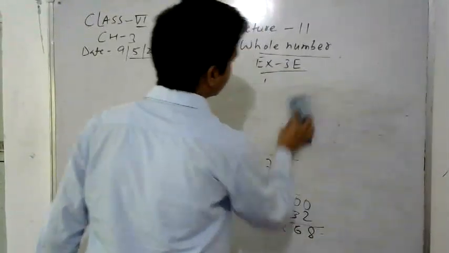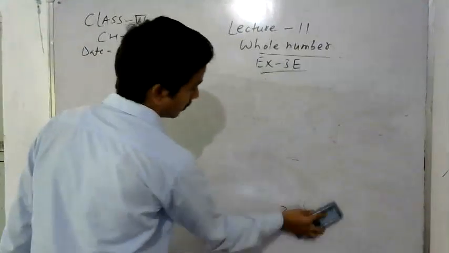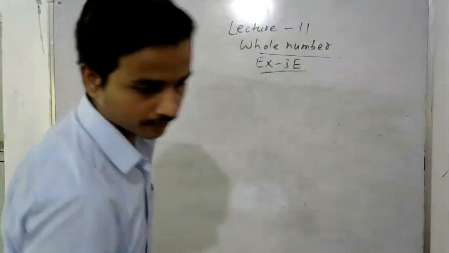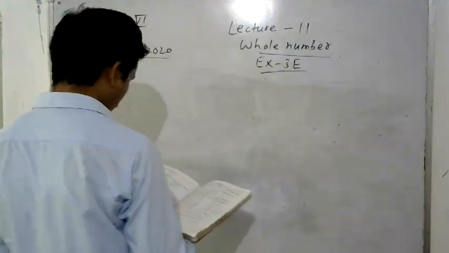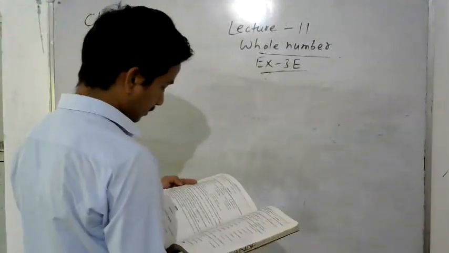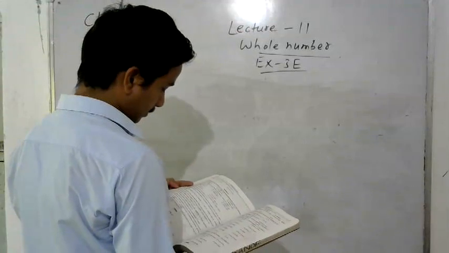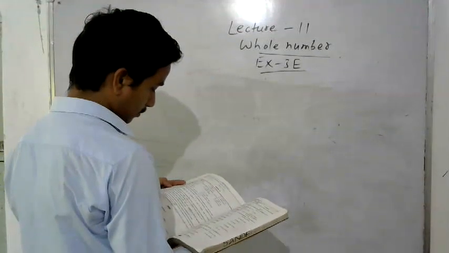Now we will see another problem. See question number 13. 1 dozen banana costs rupees 29.